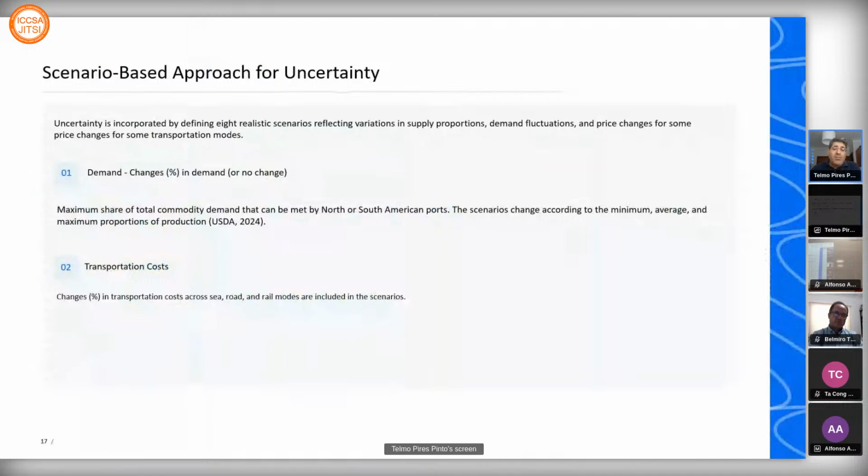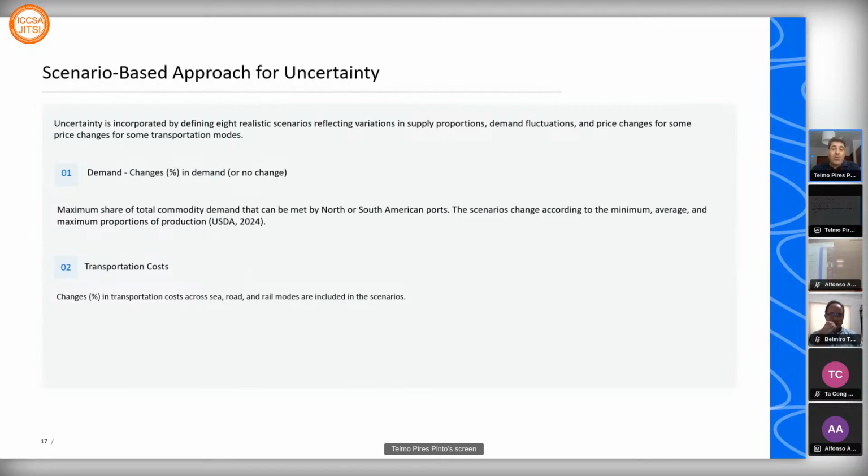Our approach is defined using a scenario framework that we use to embed uncertainty into our analysis. We have created 8 realistic scenarios that reflect variations in supply proportions, demand fluctuations, and transportation costs.